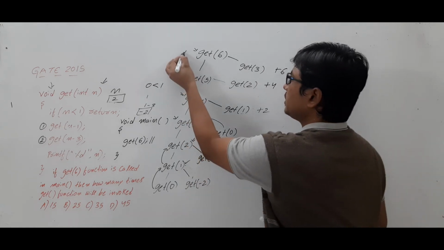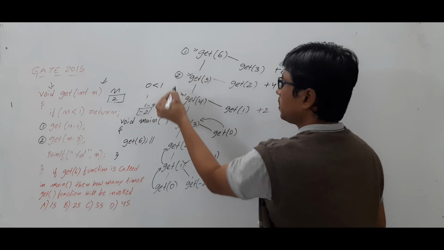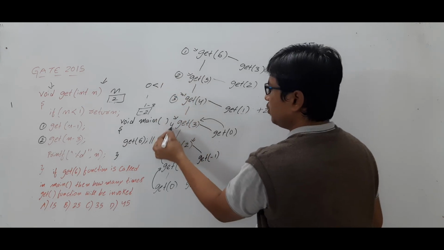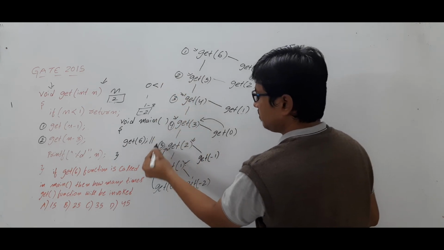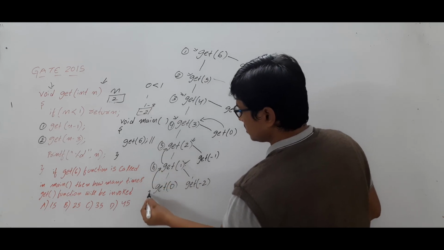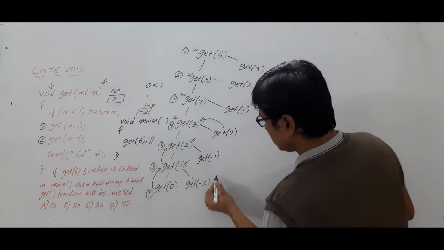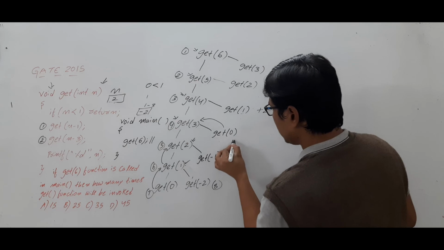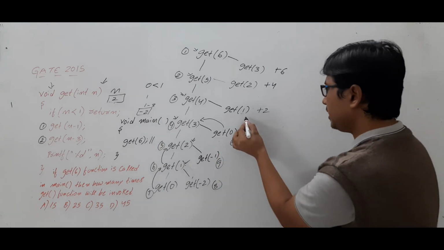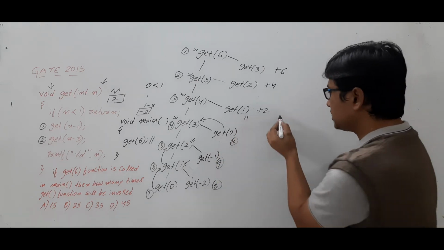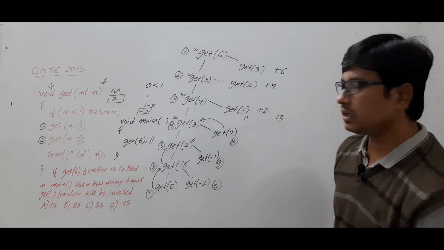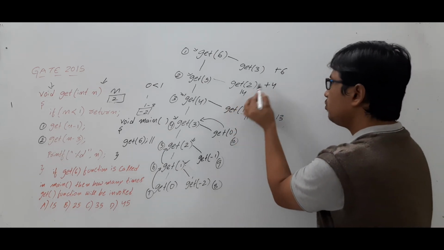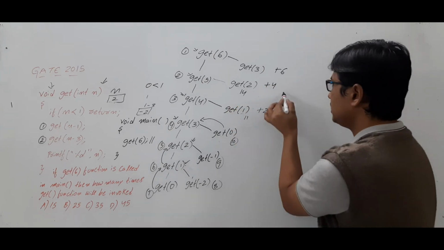Now this is 1, 2, 3, 4, 5, 6, 7, 8, 9, 10, now 11. 11 plus 2 is 13, okay, 14. 14 plus 4 is 18.